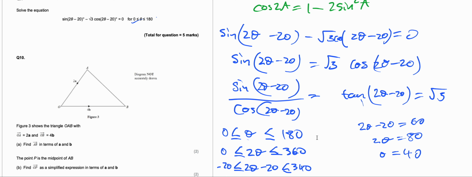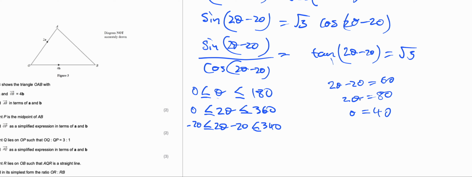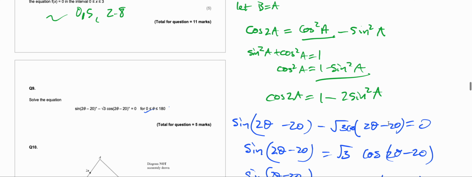Now remember, tan repeats every 180 degrees. So if you add 180 to this, you'll get 220, which is within the range. If you add 180 to that, you'll get 400, which is rejected. So that's outside of the range. So these are the solutions. If you look at the wording in the question, yep, so you're finding all of the solutions.